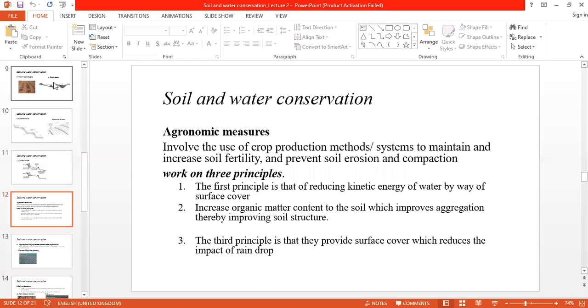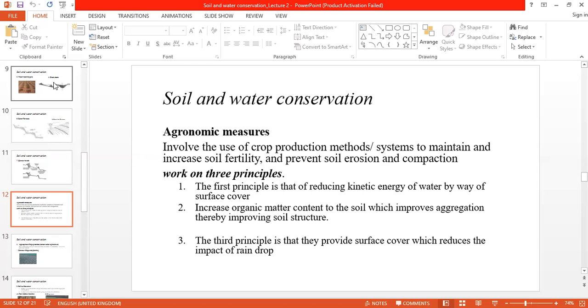Secondly, they increase organic matter. If you have enough organic matter, you have a good soil structure, and when you have a good soil structure, your soil is well held together and can resist erosion.